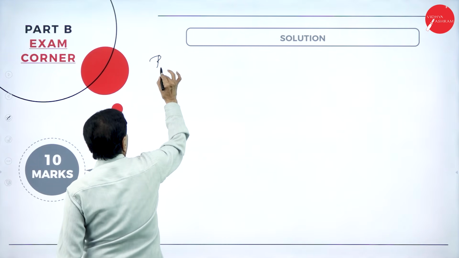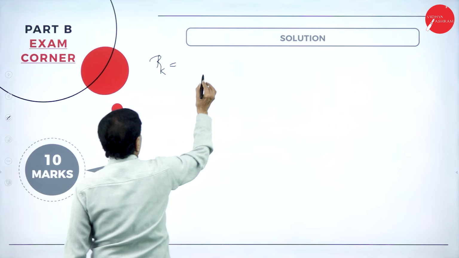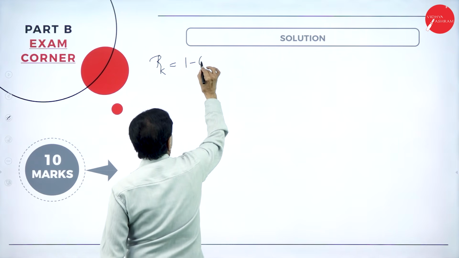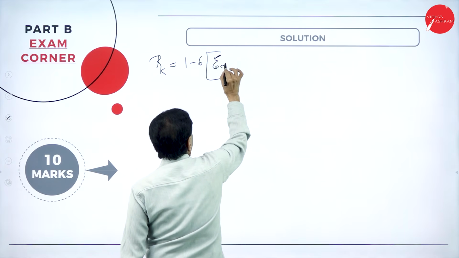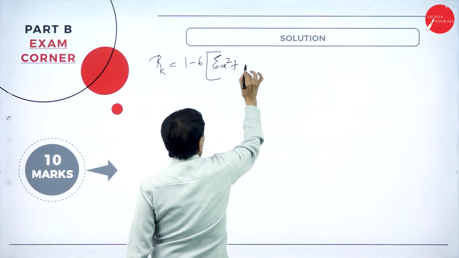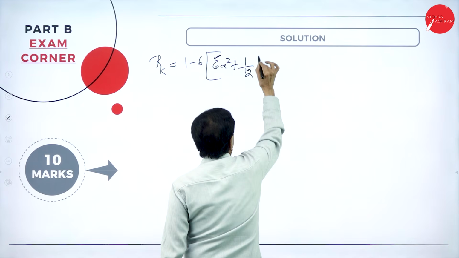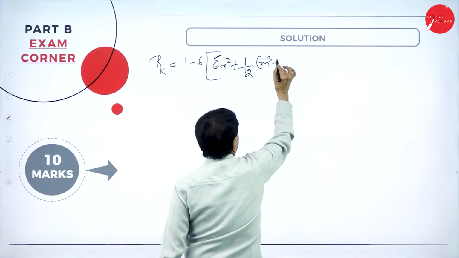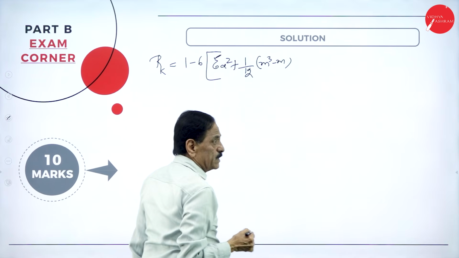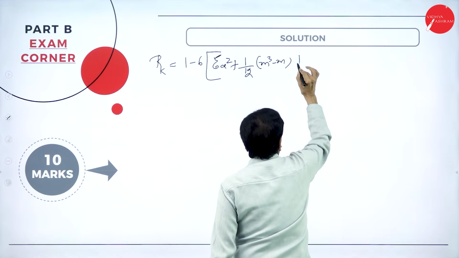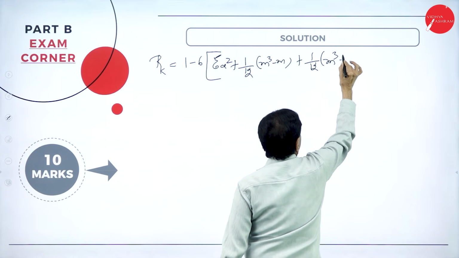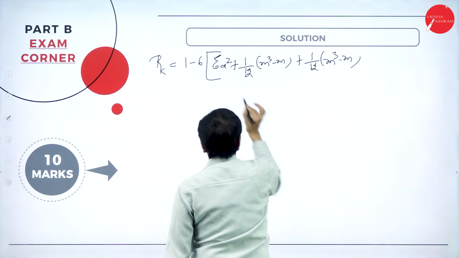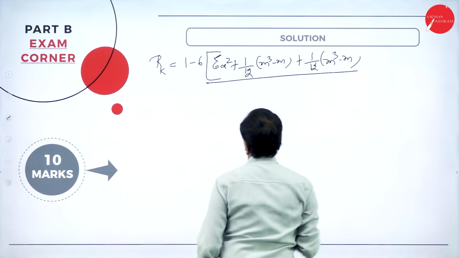Rk, the rank correlation, is equal to 1 minus 6 times sigma d square plus 1 over 12 into m cube minus m for X series, plus 1 over 12 into m cube minus m for Y series, divided by n into n square minus 1.